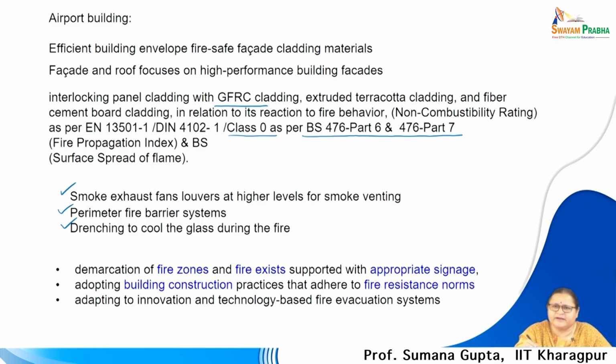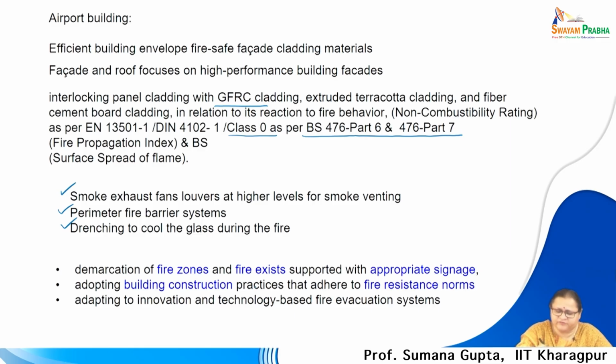In case of fire happening inside, the smoke exhaust fans, which are louvers at higher levels, should start the venting process, and continuous hot air venting and smoke venting in any form keeps on continuing in the airport building.